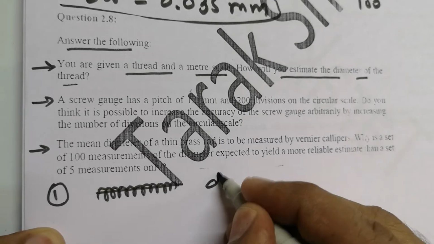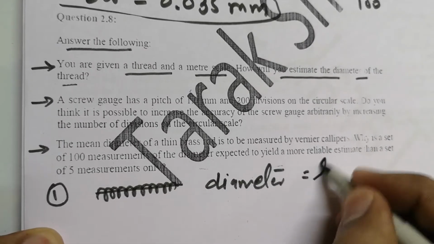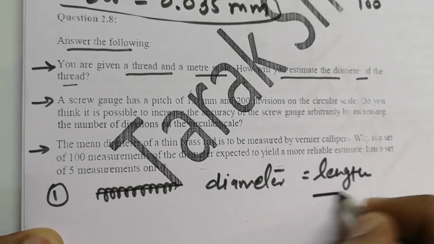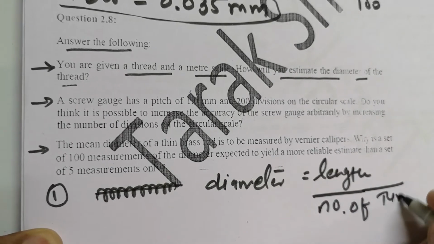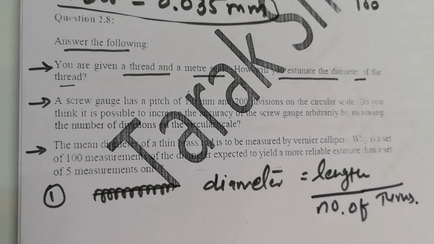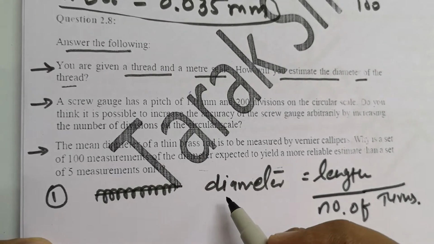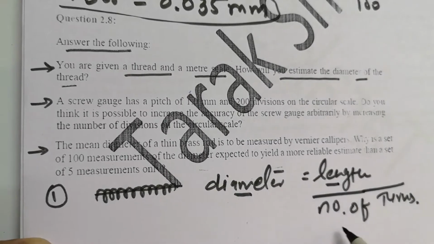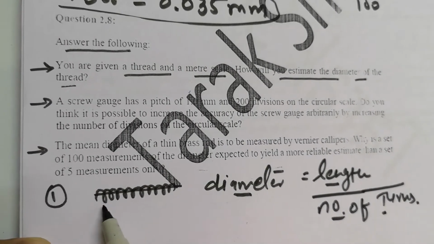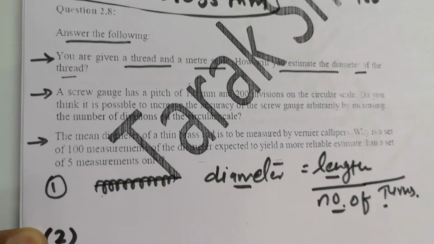So I can have my diameter equal to length divided by number of turns, and this is how I can find it using such a formula. Using the length on the scale and the number of turns over there, just taking the ratio of it, it will give me the diameter. So that is quite simple.